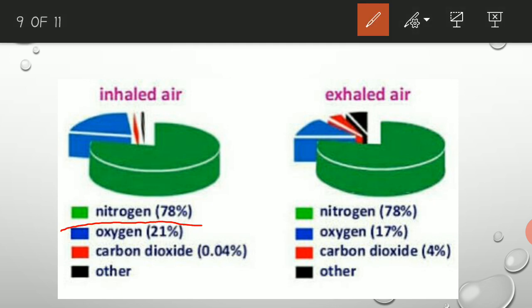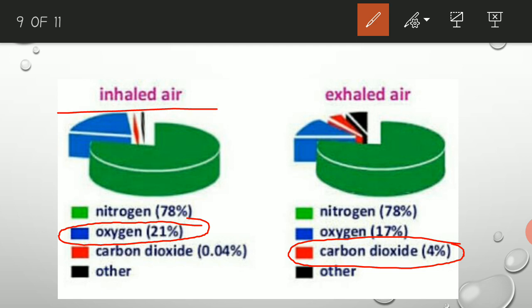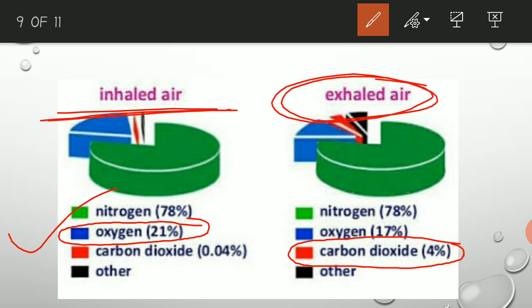the oxygen content and the carbon dioxide content in these both gases. In the case of inhaled air, the oxygen content is 21%, whereas in the exhaled air it's only 17%.